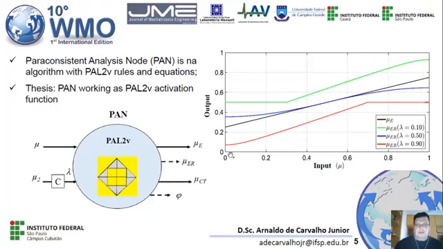The graph here on the right side shows the output mu ER depending on the values of both inputs, mu and lambda. Mu goes from 0 to 1, and lambda we fixed at 3 different values: 0.1, 0.5, 0.9. So you have 3 different outputs: green, blue, and red.